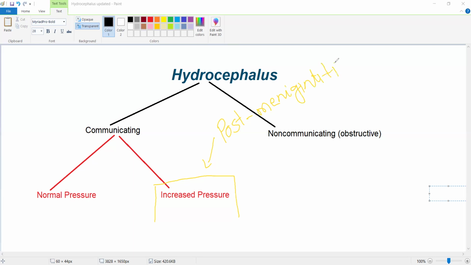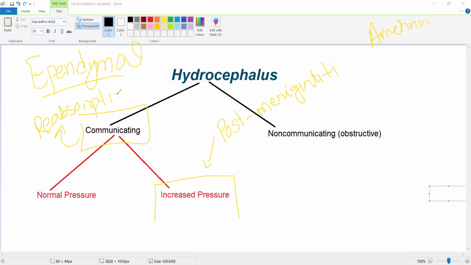CSF is produced by ependymal cells and reabsorbed by arachnoid granulations. So communicating hydrocephalus is a problem in reabsorption of CSF, with decreased reabsorption, while in non-communicating hydrocephalus, there is obstruction of the flow of CSF, which is obstructive hydrocephalus.